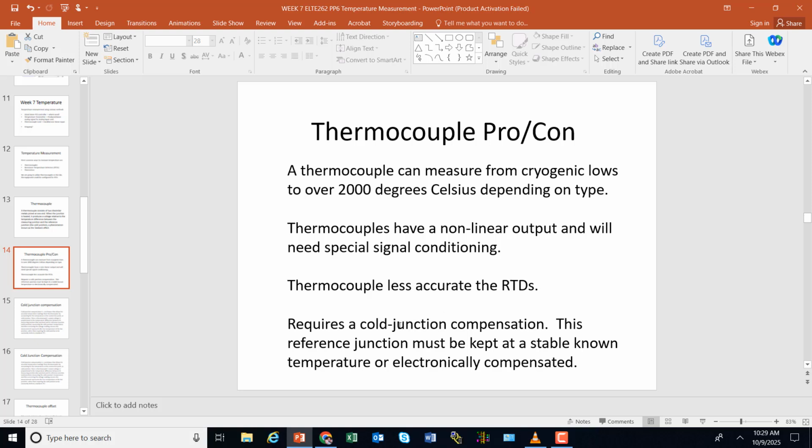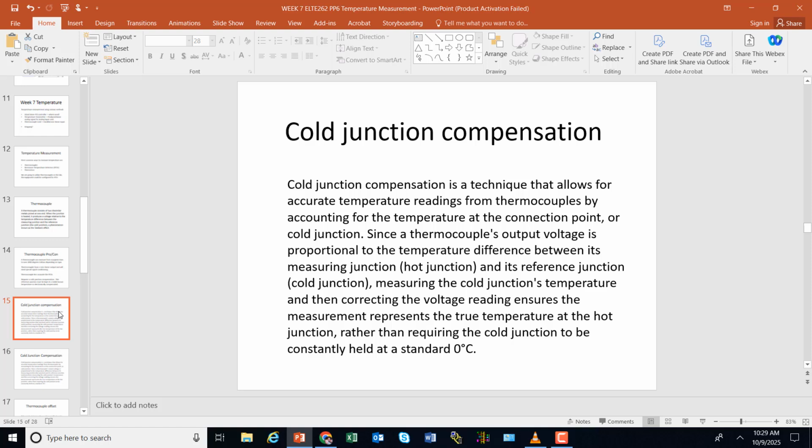The drawback is that it requires cold junction compensation. The reference junction must be kept at a stable known temperature or electronically compensated. We are not going to keep this at 0 degrees. We're going to electronically compensate it based on what looks good, probably similar to our room temperature. Here's a breakdown of what it is.